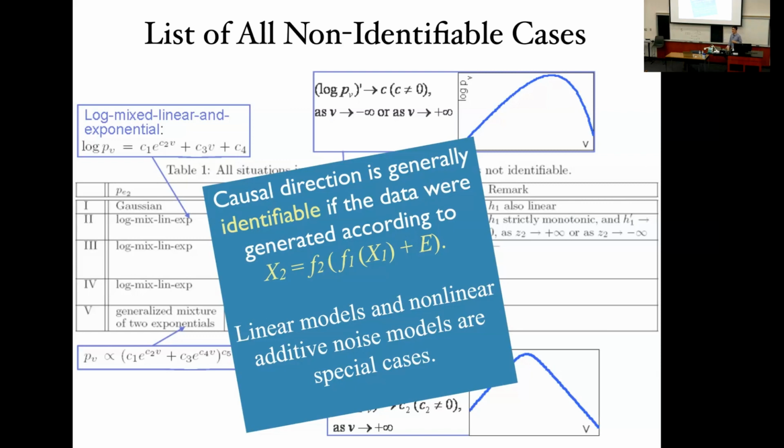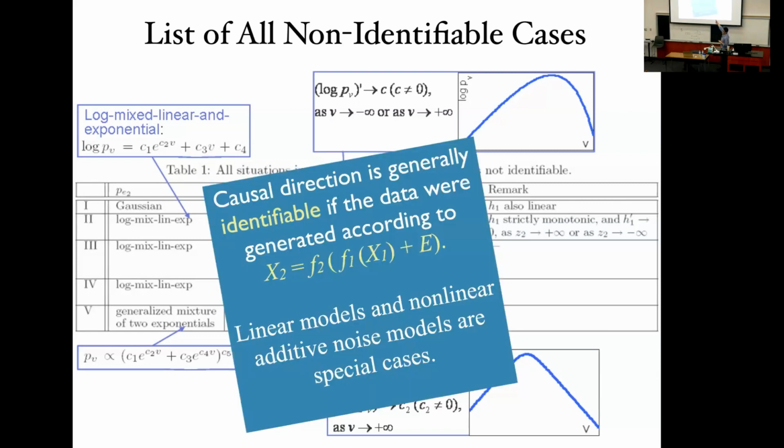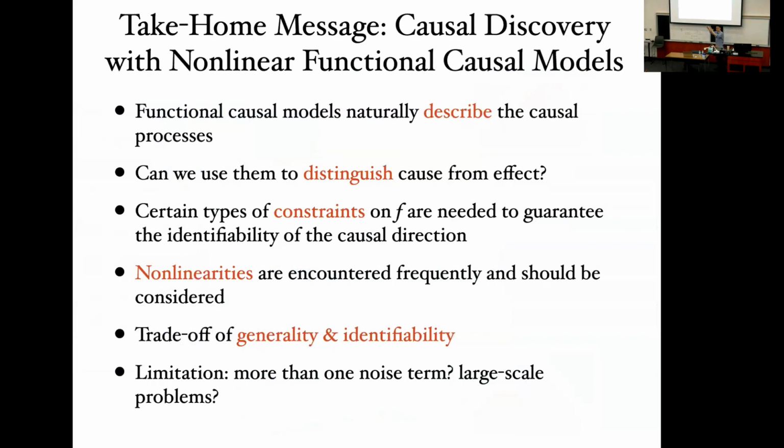They are very specific. And interestingly, as you saw from my previous illustrations, if you use linear models in both directions, then you cannot find the independent error term in the wrong direction.